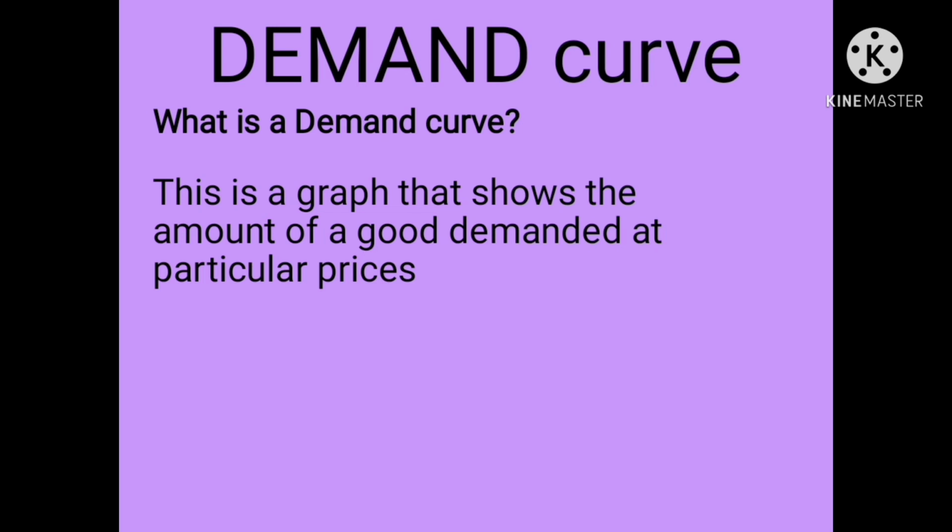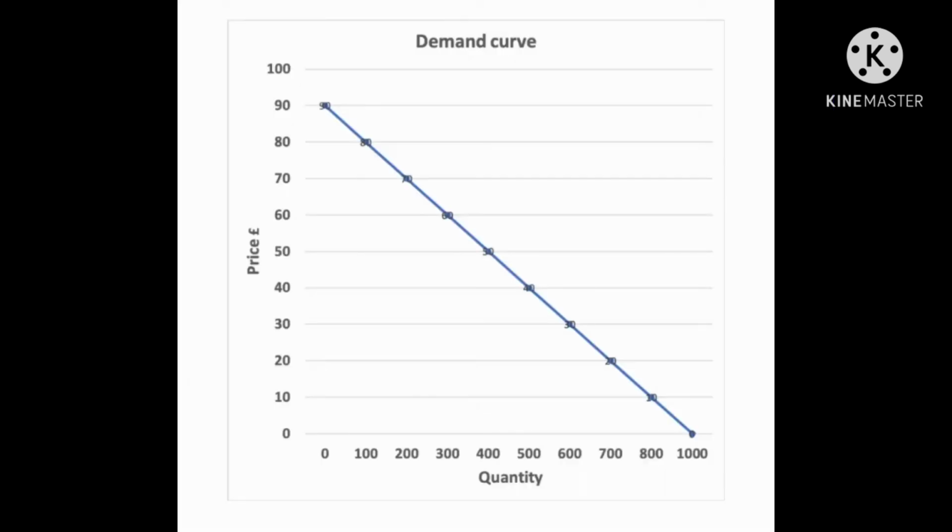The illustration that summarizes our law of demand is what we are calling the demand curve. Let's look at an example here. We have a demand curve, and it is showing us that at a price of 90, 0 was demanded, at 80, 100 was demanded, all the way to the price being 0, 1,000 was demanded.